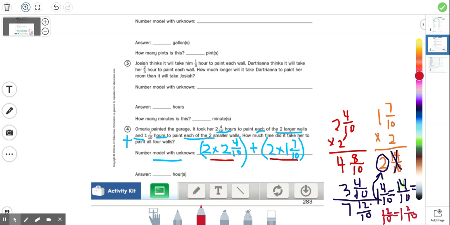And then we bring that and add it to the 7. So it's going to be 7 plus 1 is 8. 8 and 2/10. 8 and 2/10 hours to paint that garage.